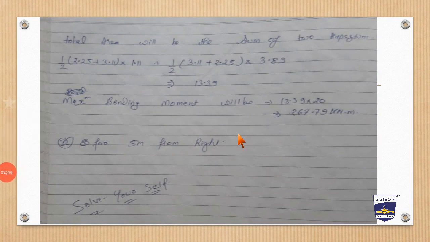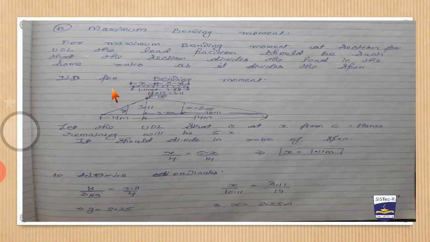Okay, so we have calculated these ordinates. This total figure of UDL, from this y to this x, comprises two trapeziums, this trapezium and, second, this trapezium.